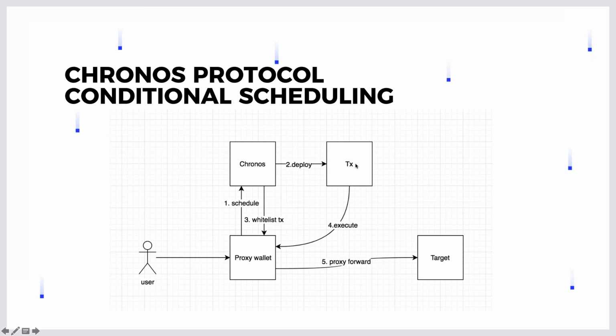And then when the time of the execution comes, the destination for this transaction is going to be the proxy wallet that is going to forward to the target, which means that if you create the CDP via the proxy wallet, then if you schedule a transaction or do any other automation that is going through that wallet, the CDP will see your proxy wallet. And this is basically not only the problem that we have.